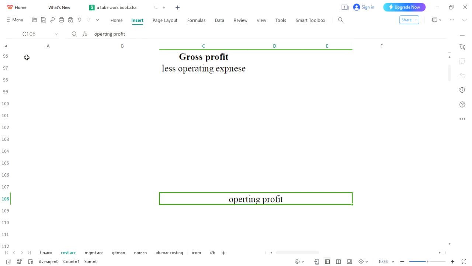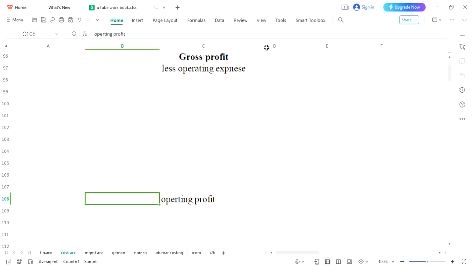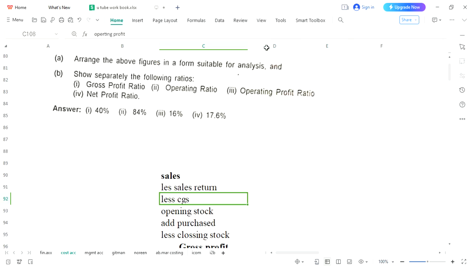While calculating this, you must keep in mind that operating profit is calculated because the operating profit ratio is required. So operating profit would be calculated.